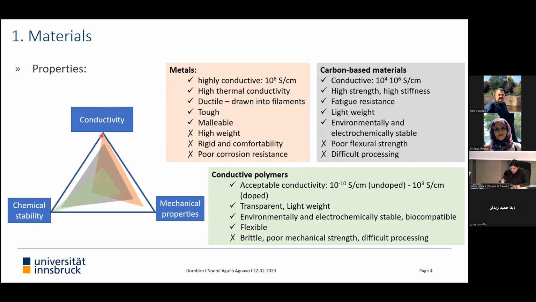The metals are very highly conductive, and they also have high thermal conductivity. They also have very interesting mechanical properties: they are ductile, they can be drawn into filaments, they are tough, they are malleable. The problem is that they are very rigid, and this could bring problems to the comfort of the textiles. They also have very high weight.